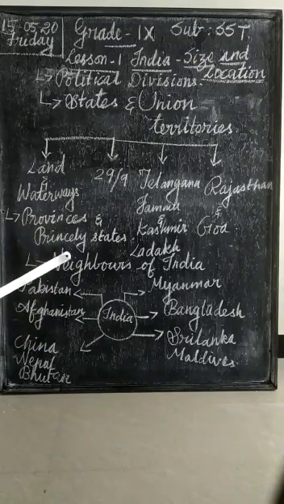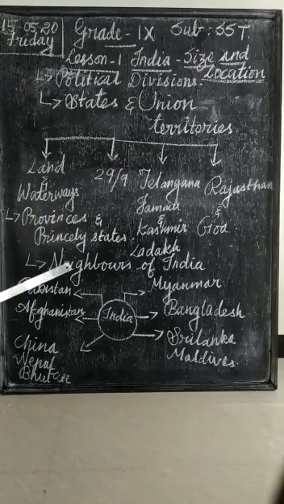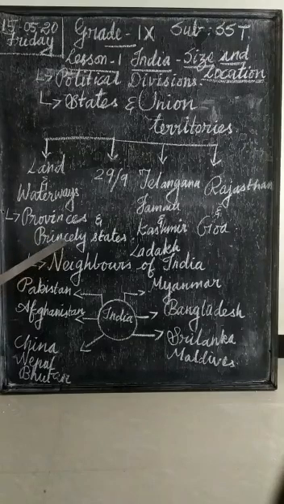The Suez Canal was opened in 1869. See, the latitudinal and longitudinal extent of the mainland is about 30 degree. India has 29 states and 9 union territories.